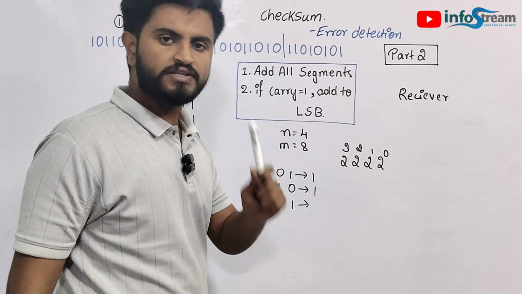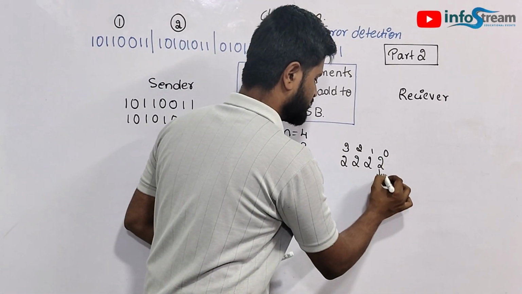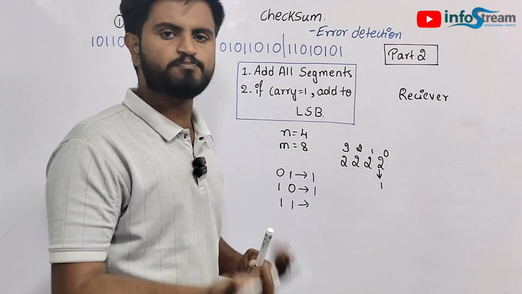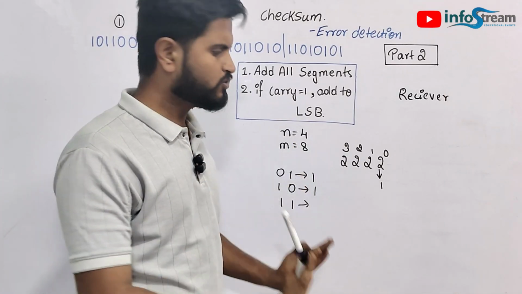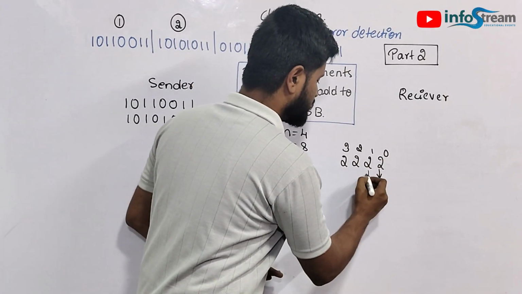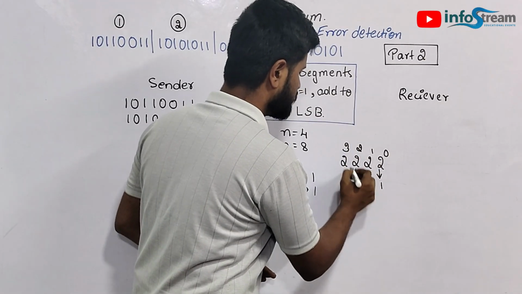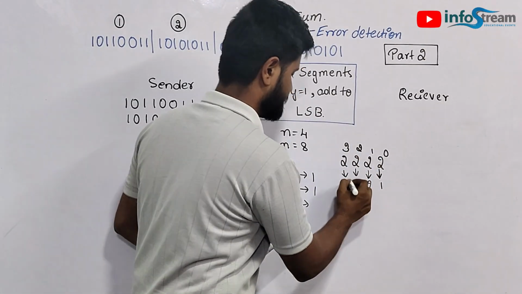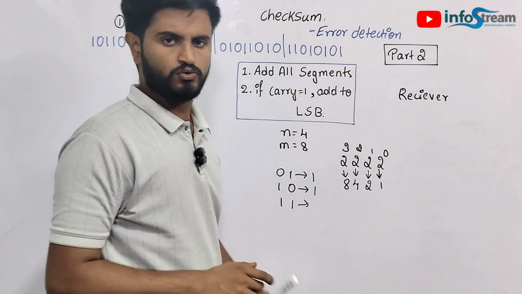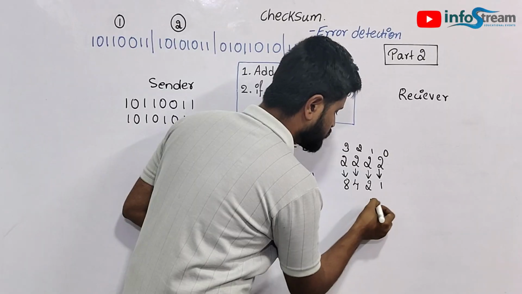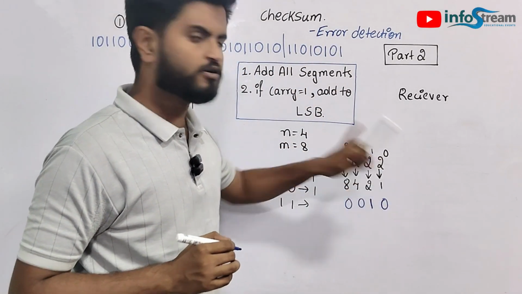Whatever number has 0 as its power, its value is 1, whether it is 16 power 0 or 100 power 0. Next, 2 power 1 is 2, 2 power 2 is 4, 2 power 3 is 8. Now, I need 1 plus 1, that is 2. So I need 2 and I don't need all the others, so I put 1 for 2.